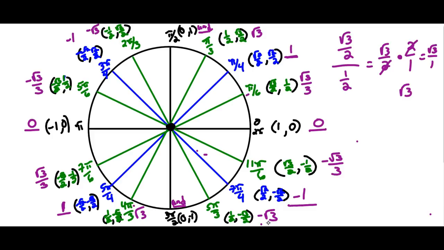Now go through, look at your tangent values written in purple there, and tell me what possible answers you can get for tangent. Those possible answers are going to be written in red. Sometimes our tangent comes out to be 0. Sometimes it comes out to be 1. Sometimes it's the square root of 3 over 3. And other times it's square root of 3, and then it can be undefined.